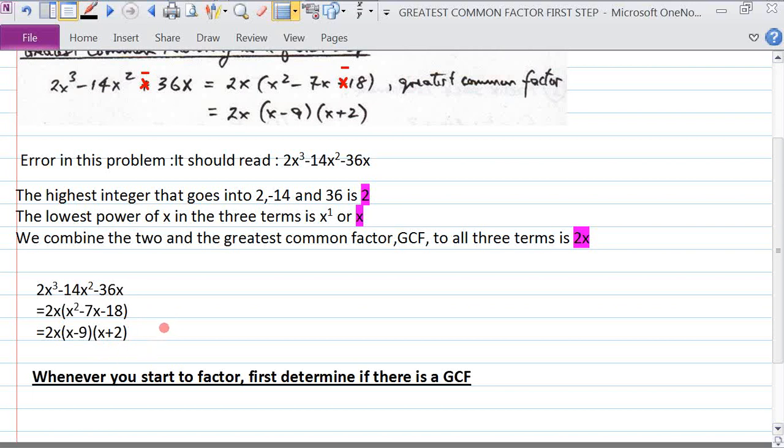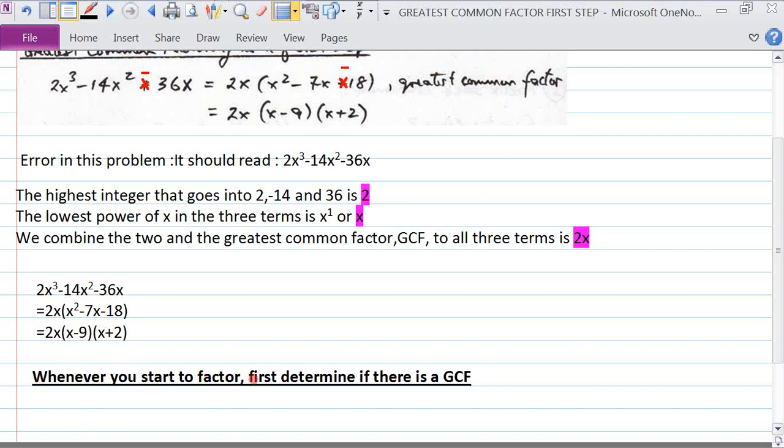And you could say, well, what about plus 9 and minus 2? Well, plus 9 and minus 2, when they sum together, would give you plus 7x, not minus 7x. So it has to be minus 9x plus 2x so that you get the right middle term here. Remember, the inner and outer on FOIL always combine to give you the middle term.